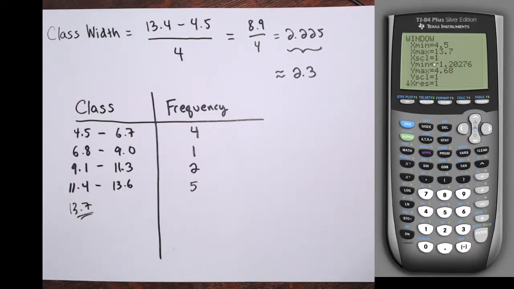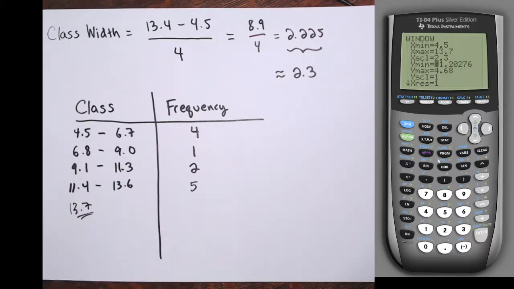And then this X scale is going to give me the distance between the notches. This is going to be my class width, which is 2.3, the class width, 2.3.